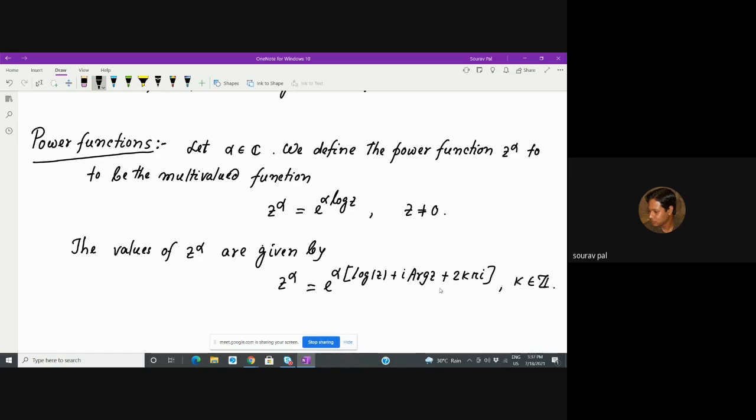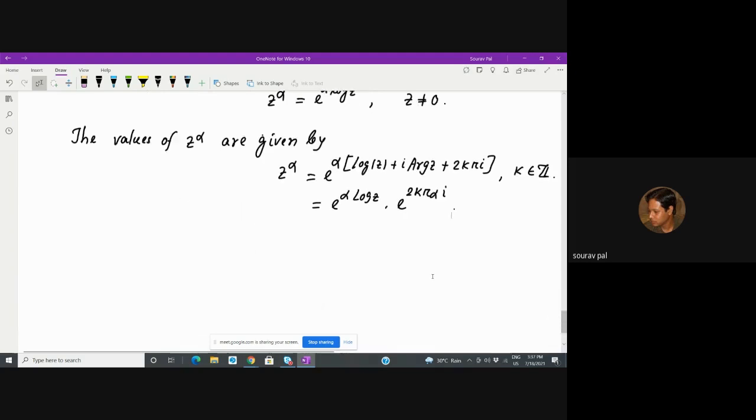These are all the values. This is precisely e to the alpha log z times e to the 2k pi alpha i. So we obtain all the values of z to the alpha by multiplying e to the alpha log z by this quantity.